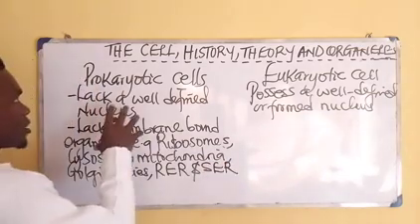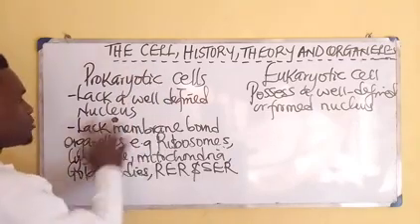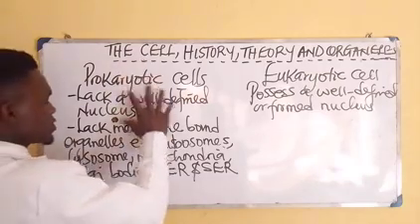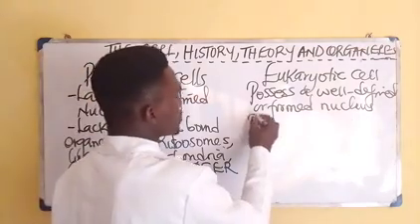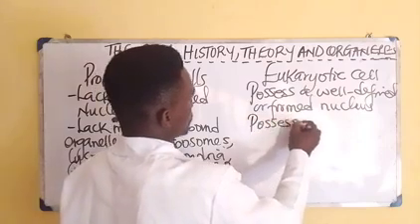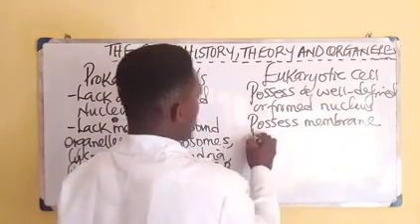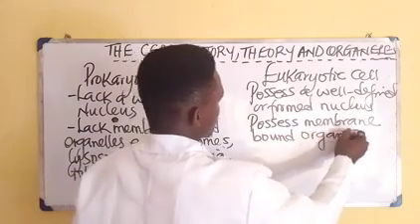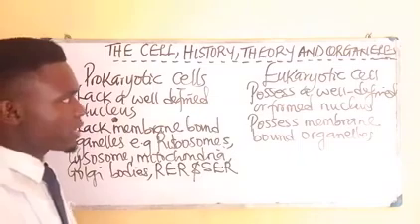The prokaryotic cell lacks all these membrane bound organelles. If these cells lack these organelles, it therefore means that eukaryotic cells possess membrane bound organelles. Isn't that correct? Very correct.